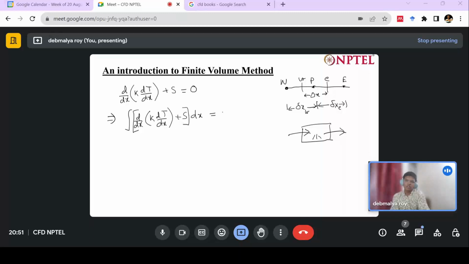This is 1D, so dx. Okay. So this is integrated from west to east, as is the convention. You'll see this is very similar to your finite element method or weighted residual method. Weighted residual method is basically you multiply a W here, you multiply a W here.